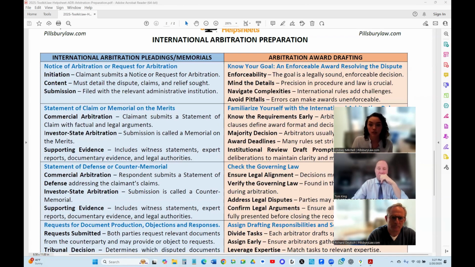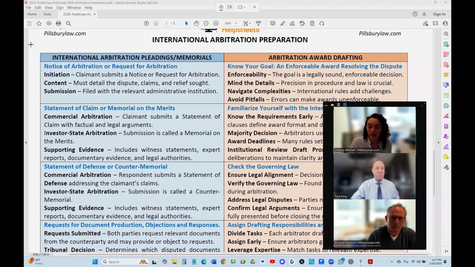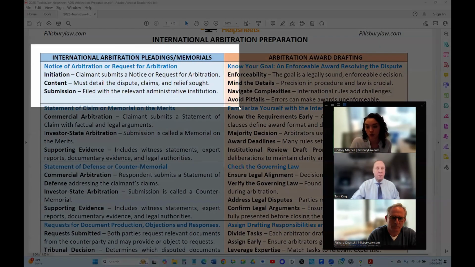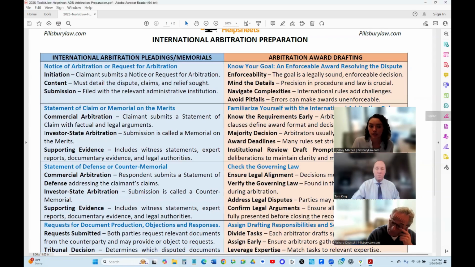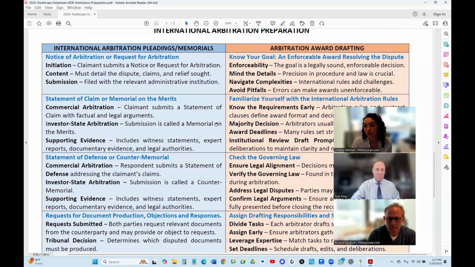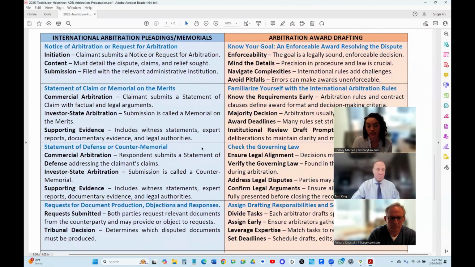So the most typical way that the arbitration commences is with the notice of arbitration or the request for arbitration. And those are just different terms depending on whether you are in a commercial international arbitration or an investor state arbitration. So usually the process by which this notice is filed is going to be detailed in whatever the underlying contract is, or sometimes the underlying treaty in the case of an investor state case.